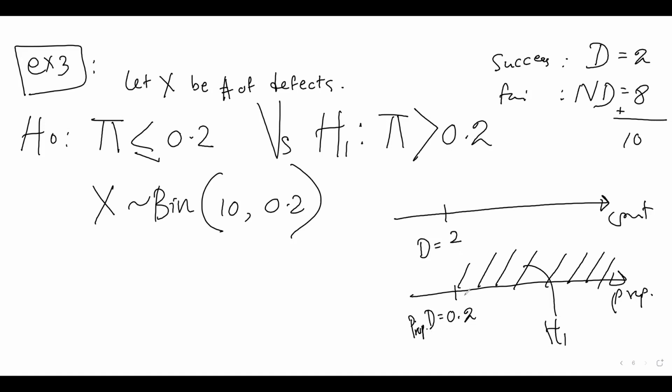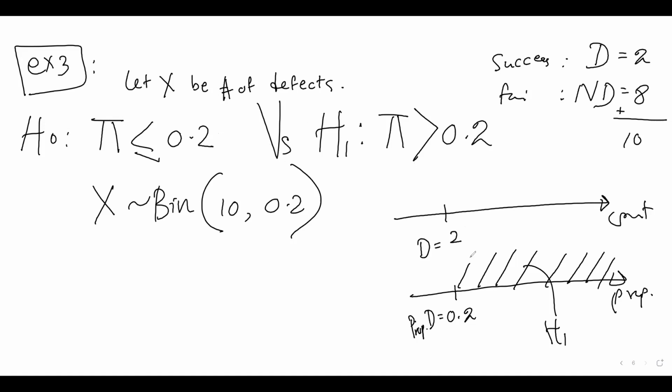We are checking whether the proportion of defects is greater than 0.2. So simply, we are checking whether the count of defects is greater than 2. If this is defined using counts, this should be 2. For parameters, we usually go with means, proportions, medians. It's not wrong to go with the count, but usually we go with the proportions.